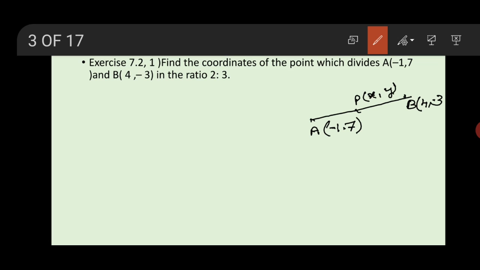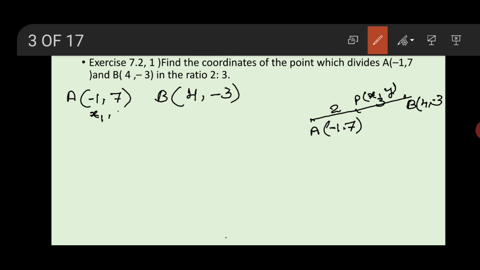there is a point P and its coordinates are unknown. We have to find it, and the ratio is 2:3. So AP is 2 and BP is 3, or M1 is 2 and M2 is 3. Now use the formula and write down first point A. Here A is what? -1, 7, and B is the point 4, -3.